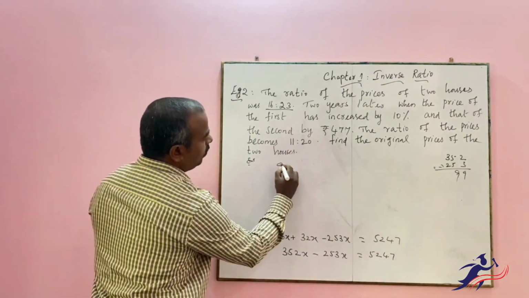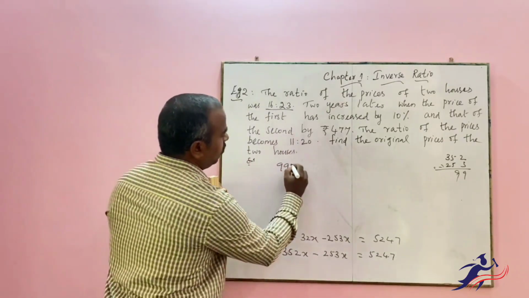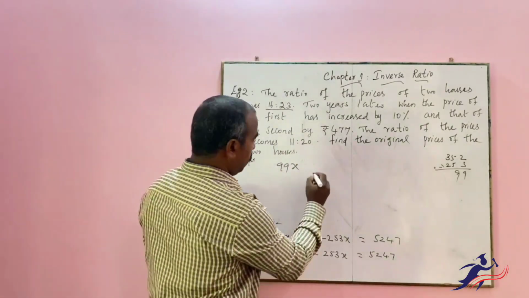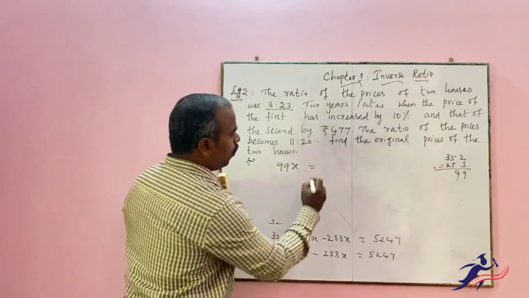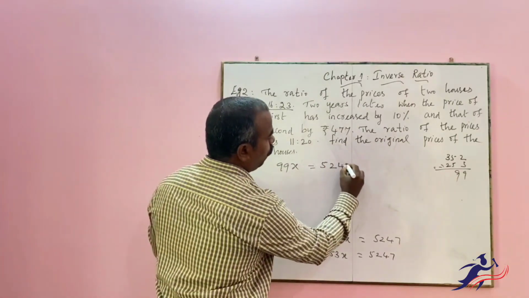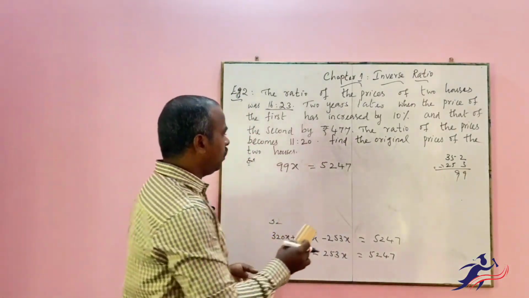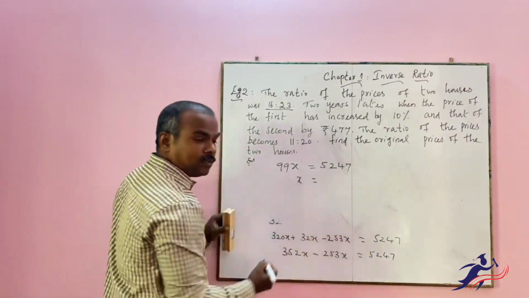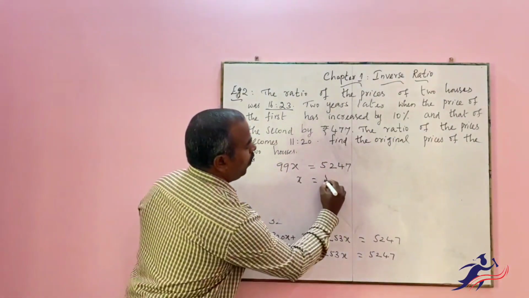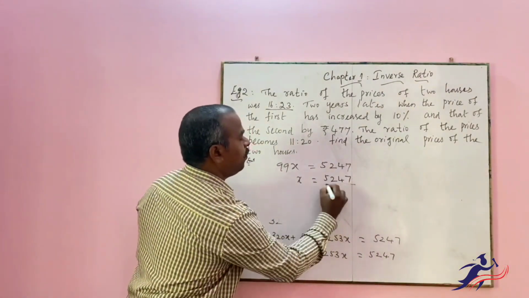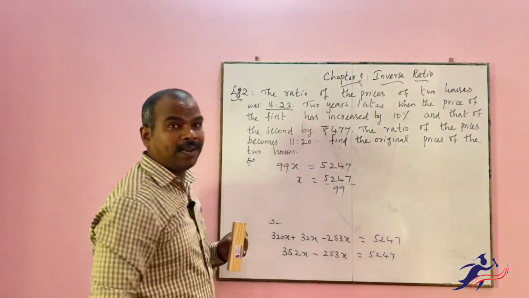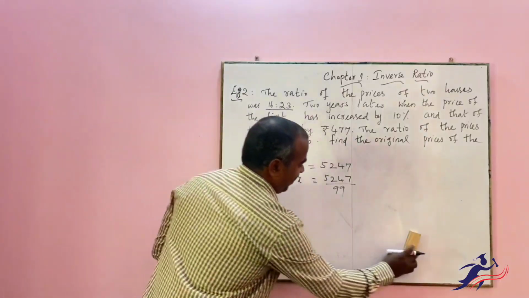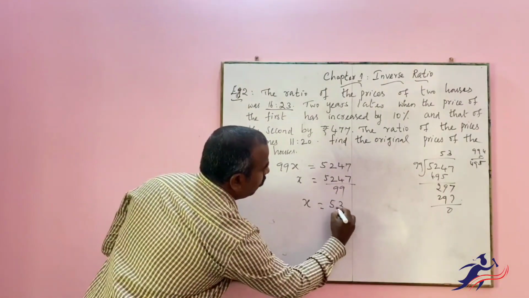That is 99x is equal to 5247. Now we can find out the value of x, that is x is equal to 5247 by 99. Therefore x is equal to 53.